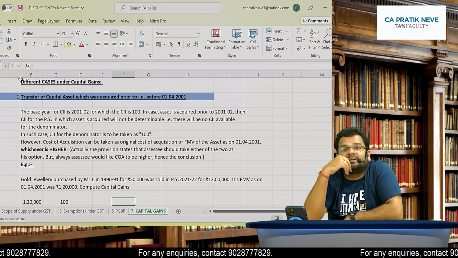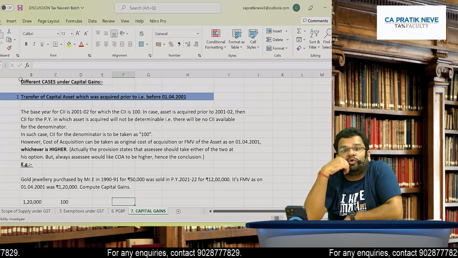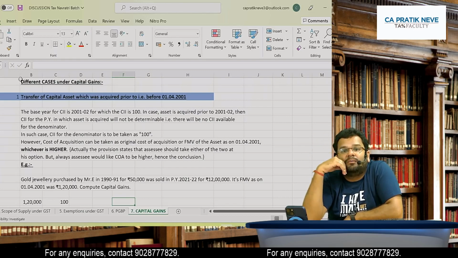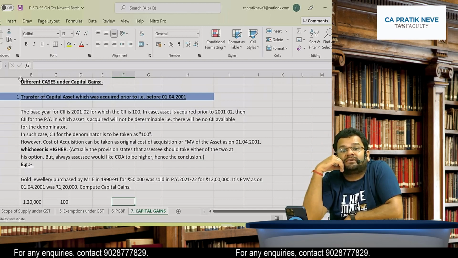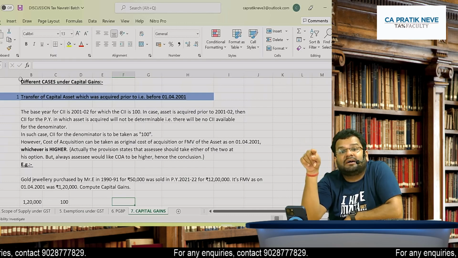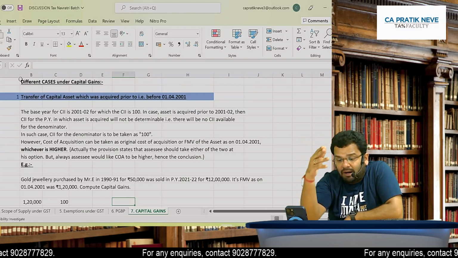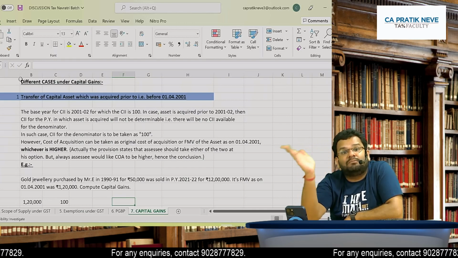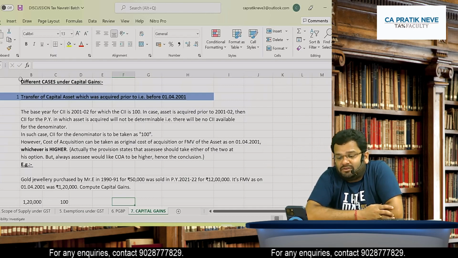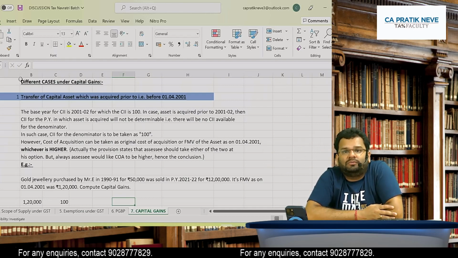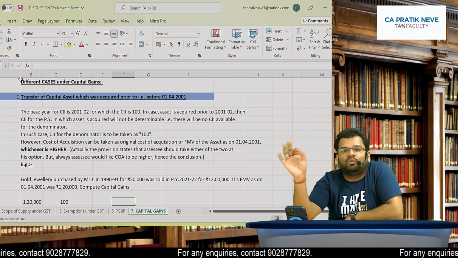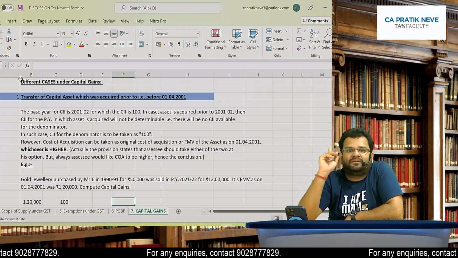Just now you will say, sir, you only told us the formula, cost of acquisition multiplied by CII for the PY in which the asset is transferred, but upon CII for the PY in which the asset is acquired. But we have acquired the asset before 2001. So what will you do? There is no option for you but to take in the denominator, in this case, CII of 1-2, which is 100. Agreed?